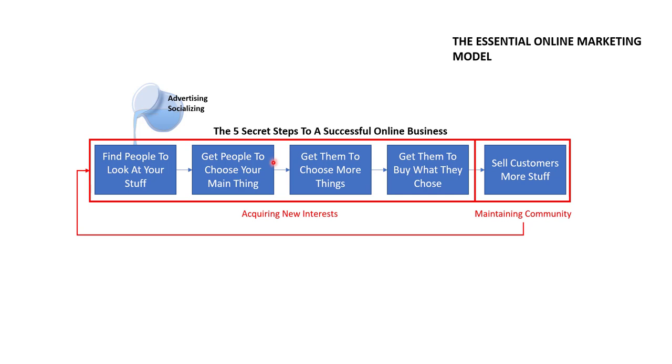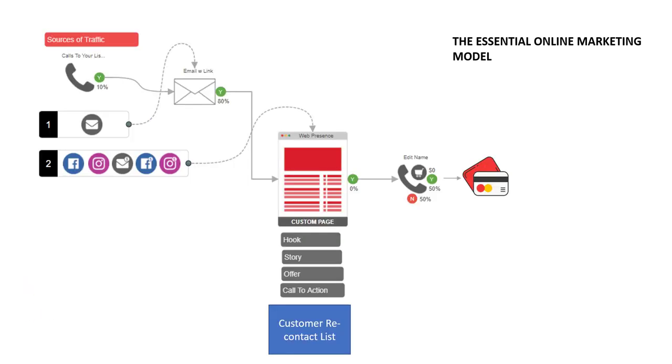So let's look at a better model, a more detailed model, really, for what we're talking about. Okay, here's essentially what we're talking about. Right now, you can contact people by phone, or you can contact people that you have on an email list.